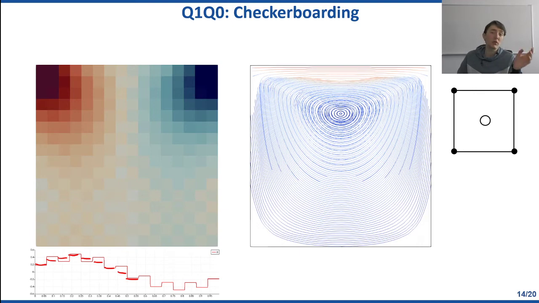And in different geometries, this checkerboard pattern might be much more pronounced, and you might not recognize the solution field from this solution on the left. Nevertheless, our solution field of our velocity is really good. So this is again this funny combination where our pressure might not be optimal, but our velocity actually is.